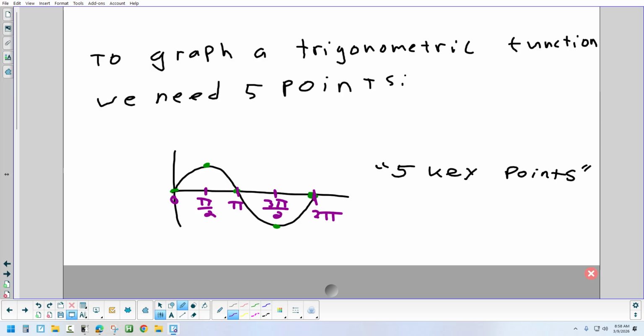Those are the x values of those 5 green dots. The y values: 0, 1, 0, -1, 0. We're going to write those coordinates down because anytime we do a transformation, we have to know where the graph starts. That's where it starts, and then we can adjust them to figure out how it's going to move.